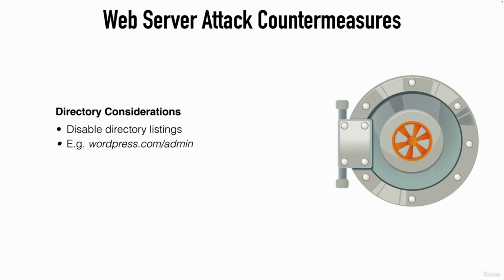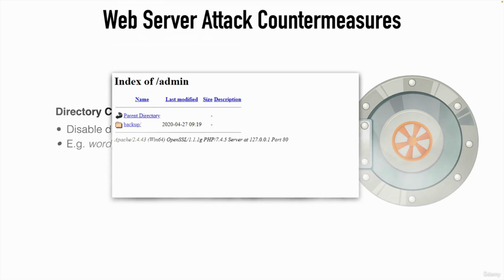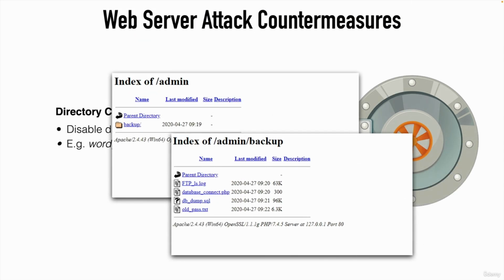If there is an index file in place, that's going to automatically return the website. But if a particular index file does not exist and directory listing is enabled, then the site would return back an actual listing of the directory contents, or in other words, what's inside that directory. This can include sensitive files or logs in many cases. This is a common misconfiguration found in many web server configurations.